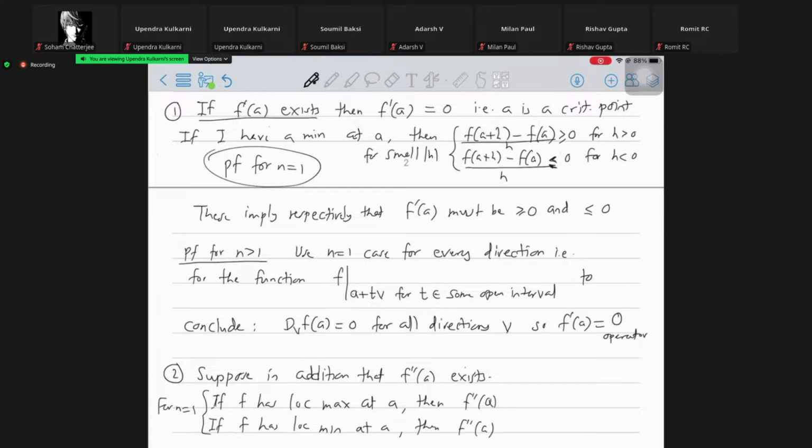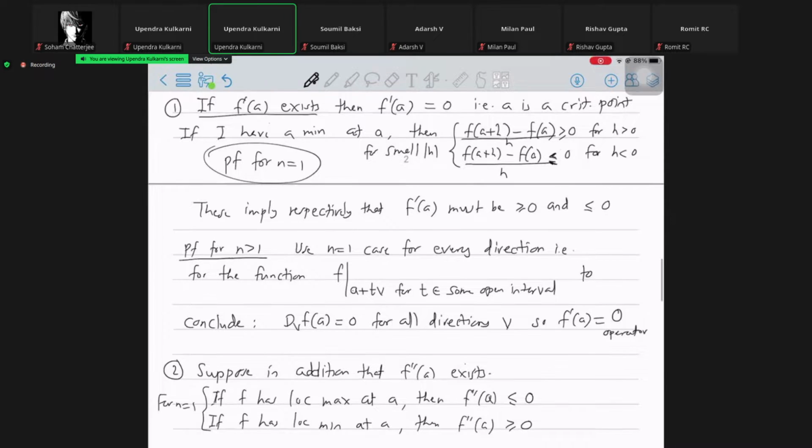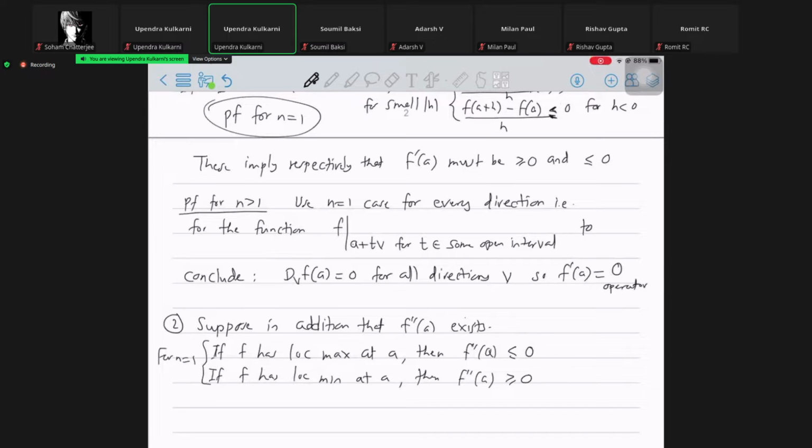For a local maximum, it should be non-positive, and for a local minimum, it should be non-negative. A local maximum looks like minus x square, let's say. So in this case it is greater than or equal to 0, and in this case it is less than or equal to 0. I have to suitably modify these when I go to the multivariable situation.